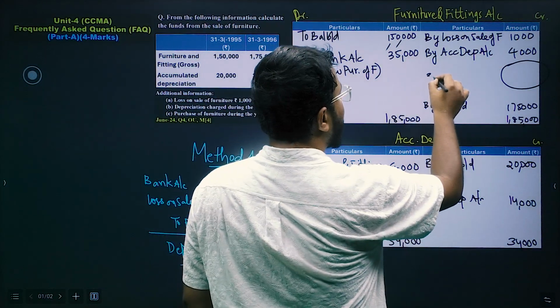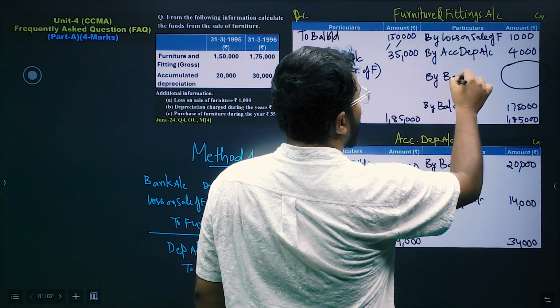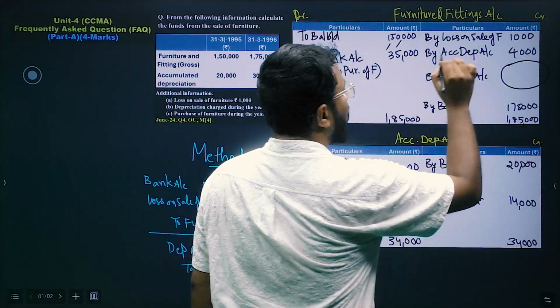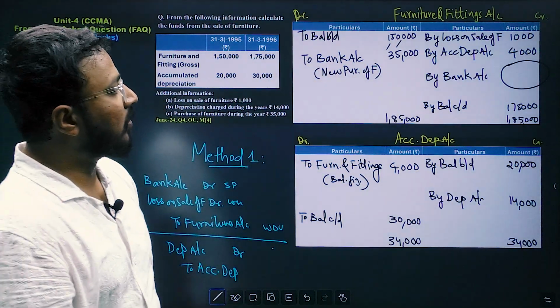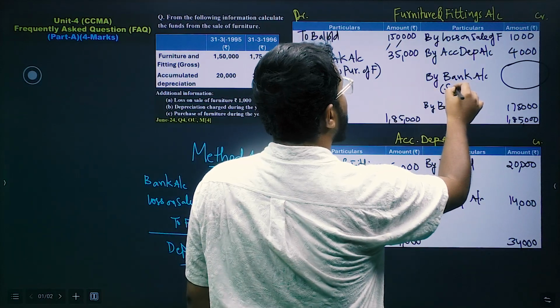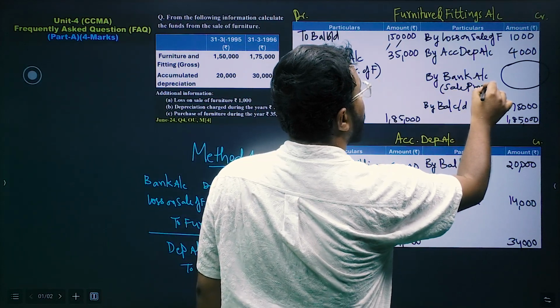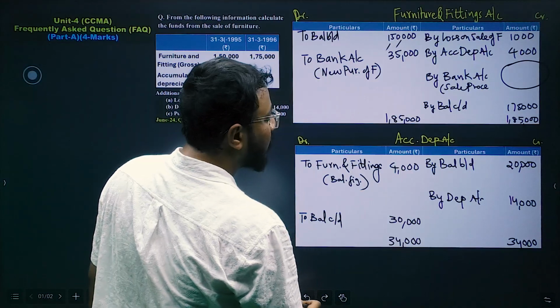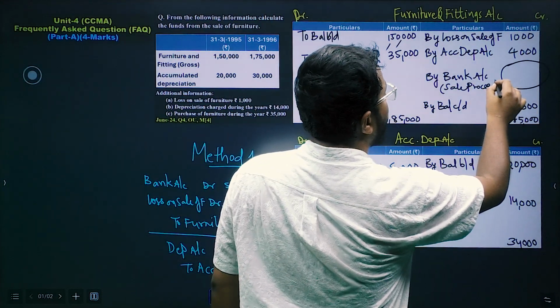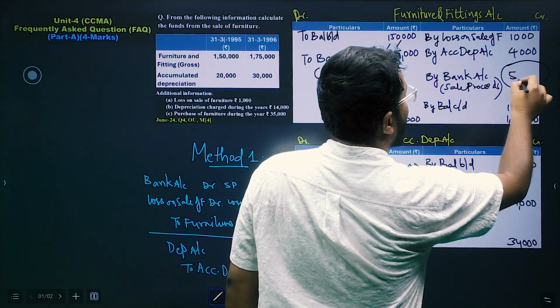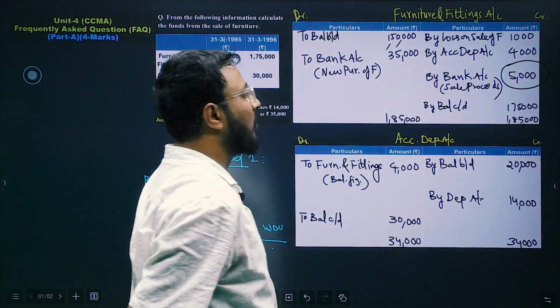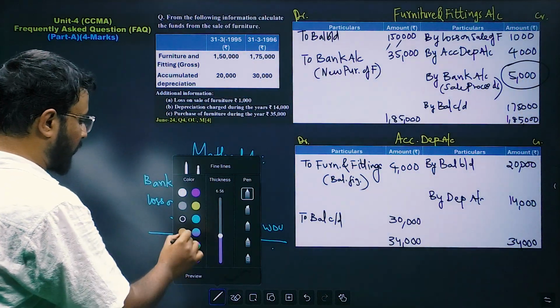What is that balancing figure? It is nothing but the amount received on sale of the furniture by bank account. Okay, bracket lo raskondi sale proceeds. Sale proceeds. How much you are getting? Okay, you will get 5,000. So your answer you will write like this.